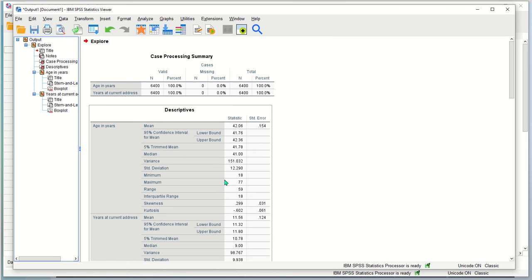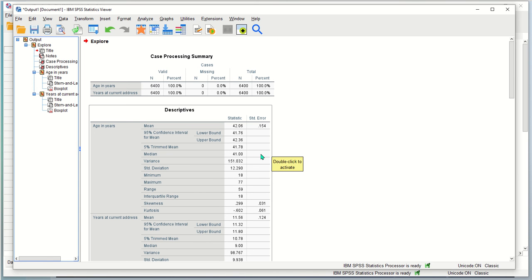So right off the bat, you'll notice that we get a chart that tells us how many people are in our sample. There's over 6,000 people, and you'll see it has the mean as well as a trimmed mean.